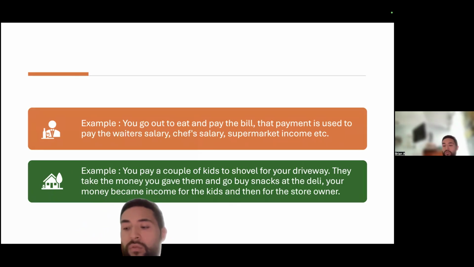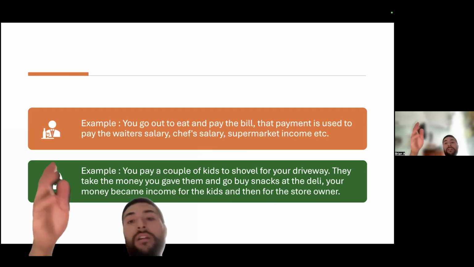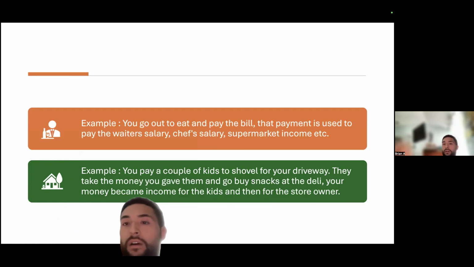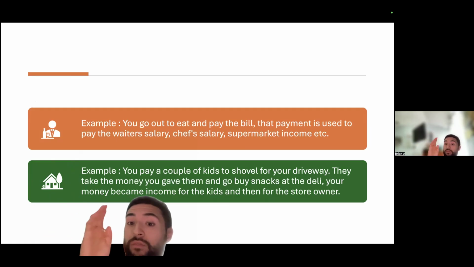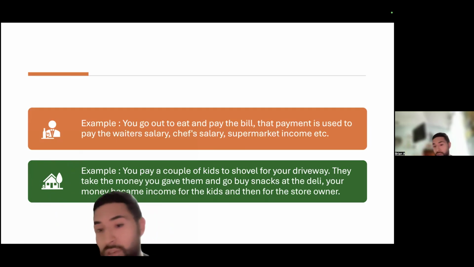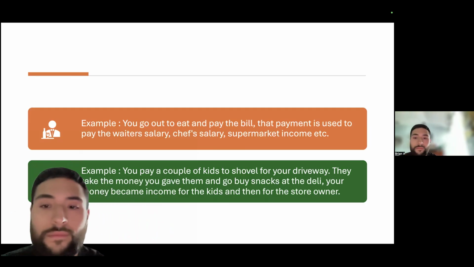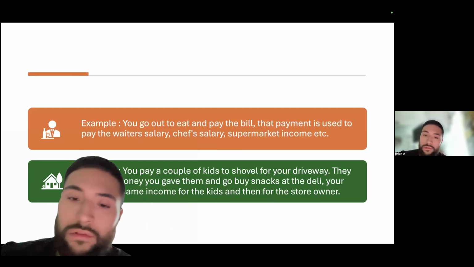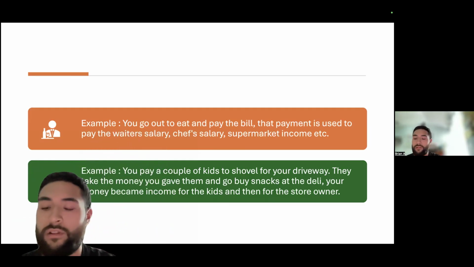Whatever form of payment you use, those funds are going to be transferred over to the restaurant, which the restaurant will then use those funds to pay the waiter's salary, let's say the chef's salary, and let's say the ingredients, the bill for the ingredients. So you'll be giving the supermarket that you bought the ingredients from income also. Now, that's just one short, quick example you may relate to.